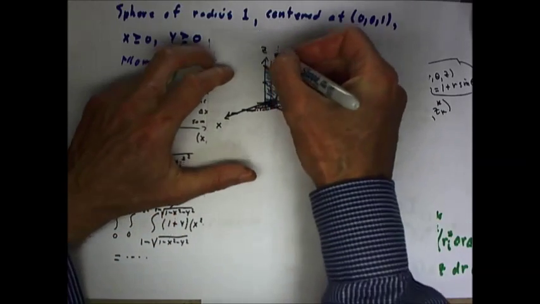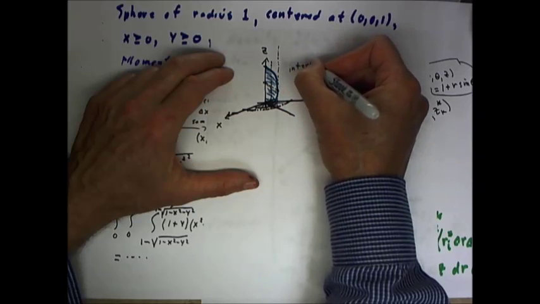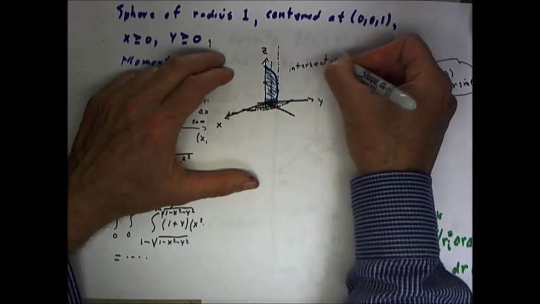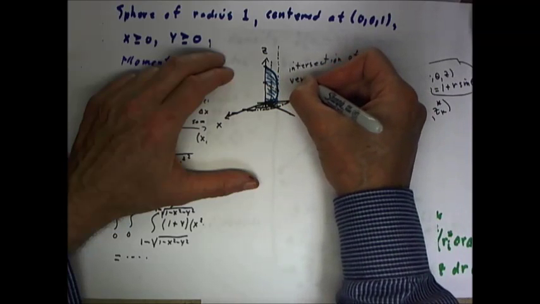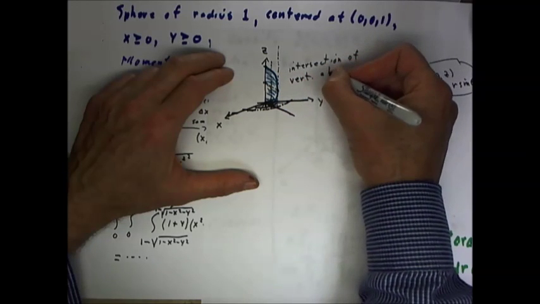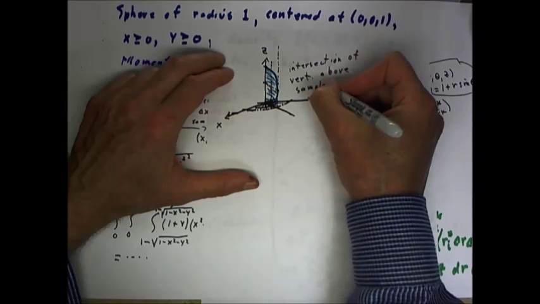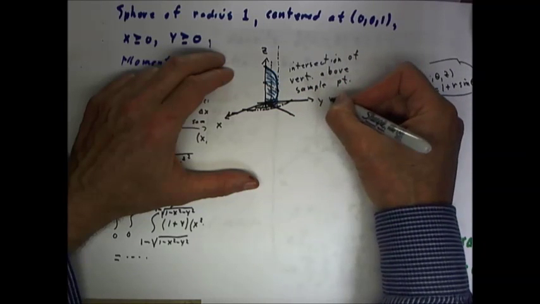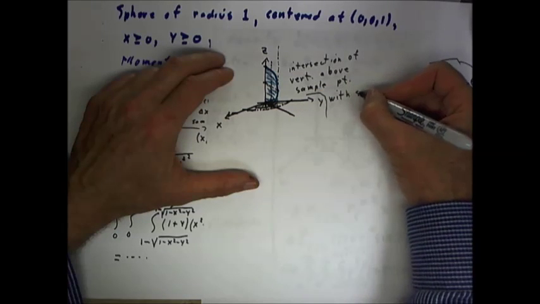So that we have our intersection points of the vertical line above our sample point with the sphere.